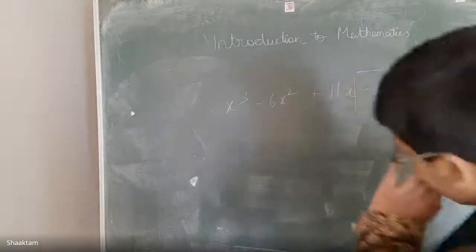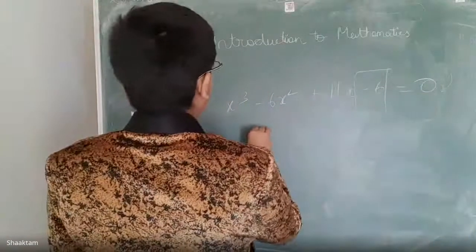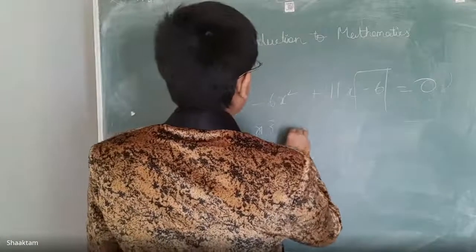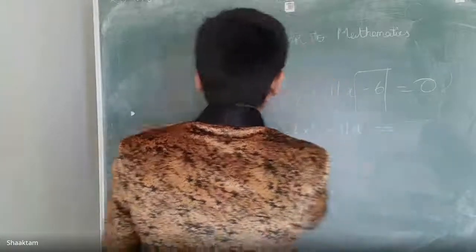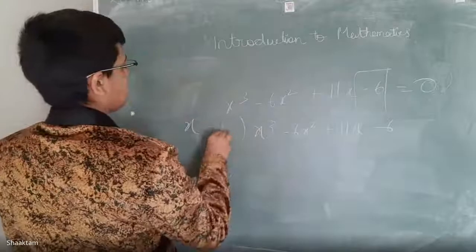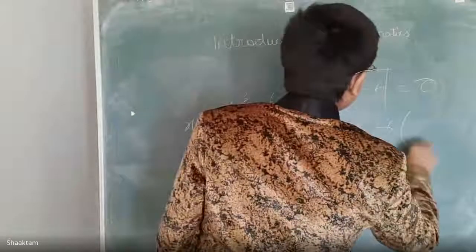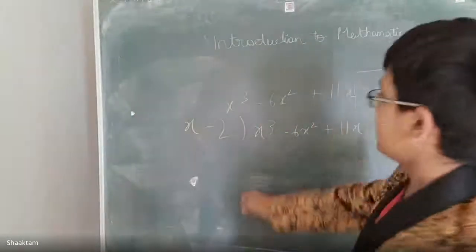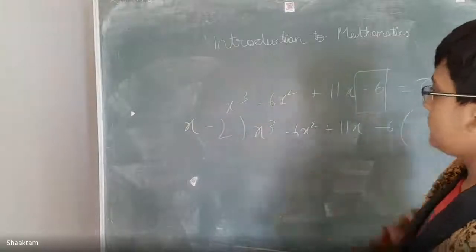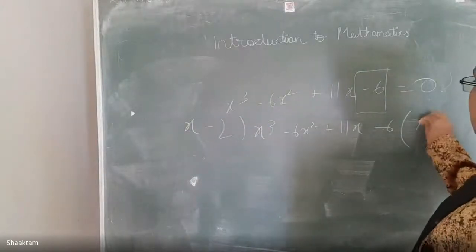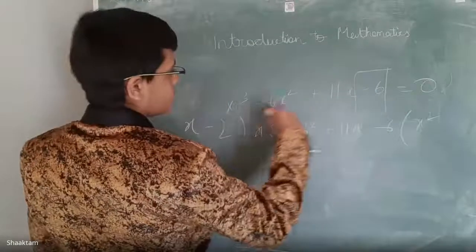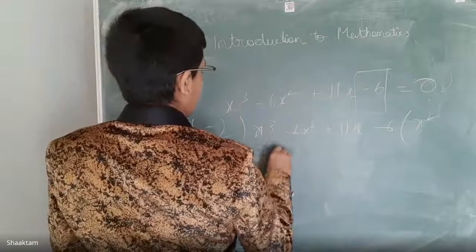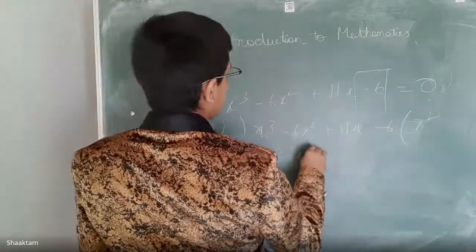Now, what I do is, I divide x cube minus 6x square plus 11x minus 6 by x minus 2. Now, how will I divide it? You'll see. I want to remove this x cube from here. So say I put one x square first. So x minus 2 into x square will mean x cube minus 2x square.